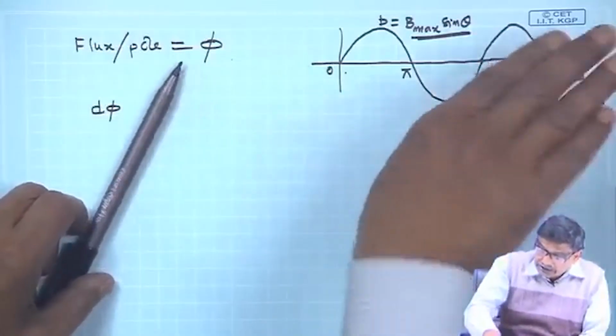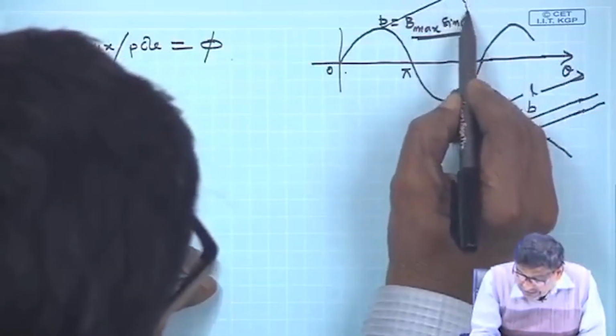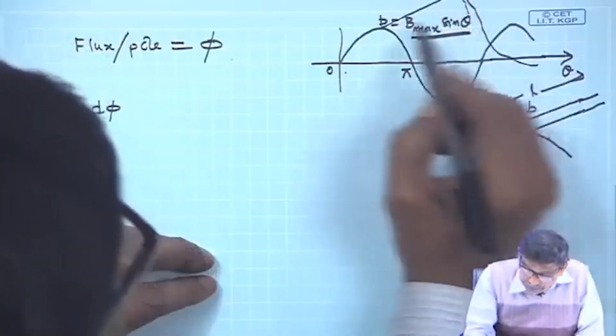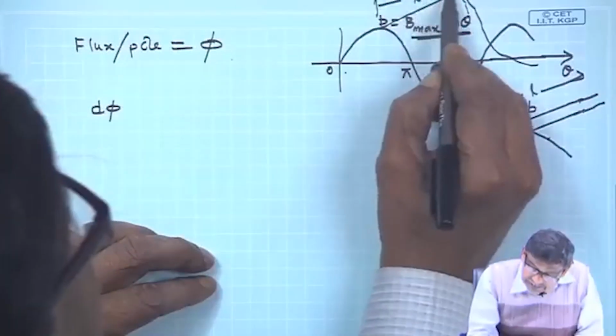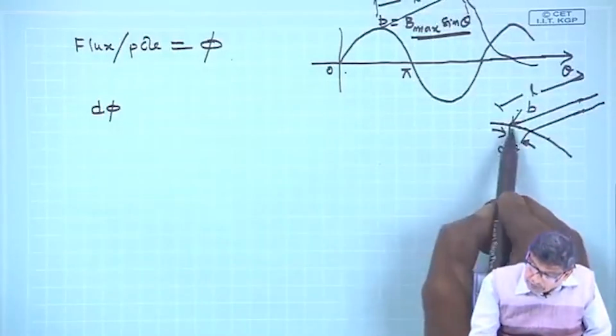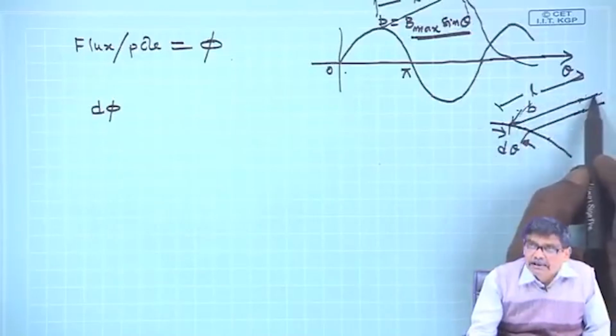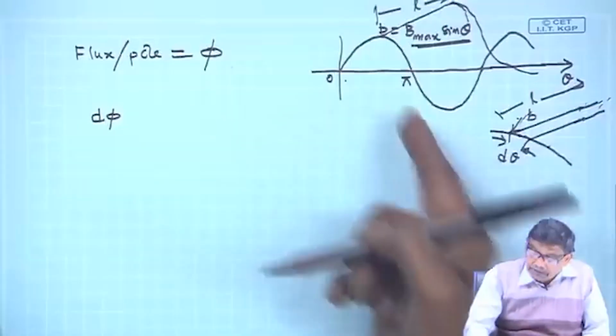So, it is sinusoidally distributed, and in 3 dimensions it will look like this. This is the length. At a particular position, B over the length L is constant, B max sin theta.